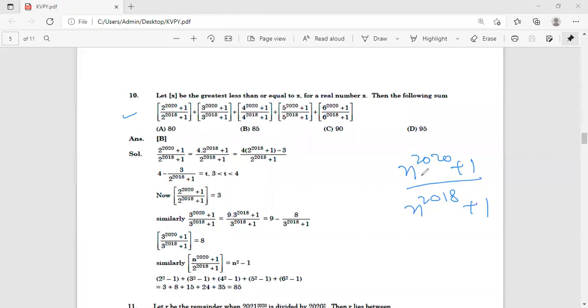So if you divide it, what is this? N raised to power square. If you multiply by n square, n raised to power 2018 plus 1. So numerator you can write like this, right?